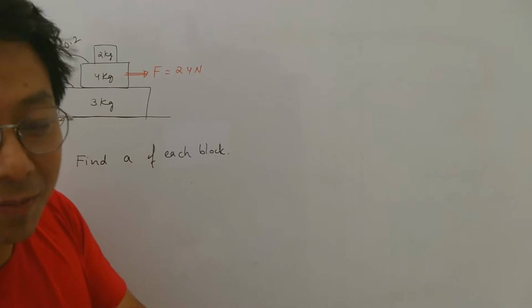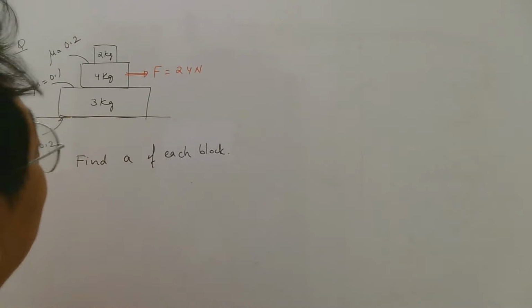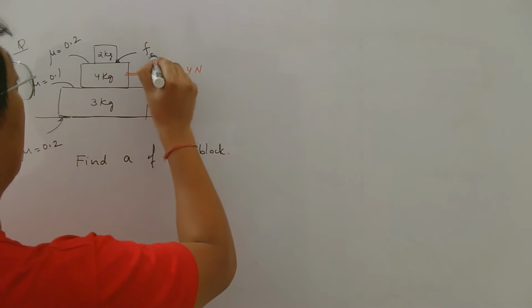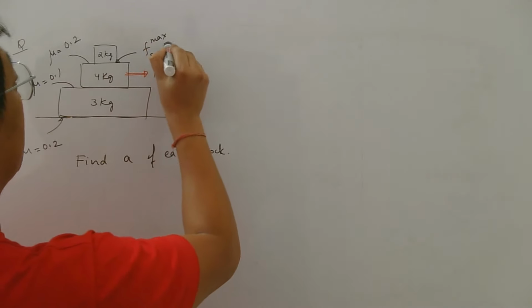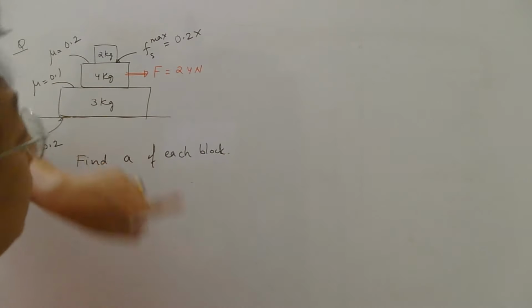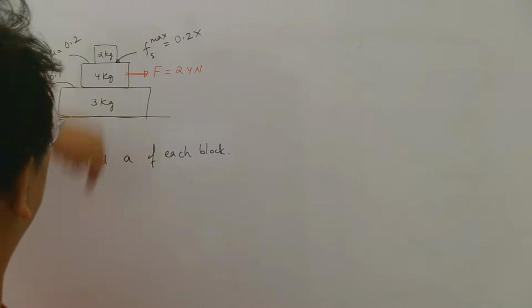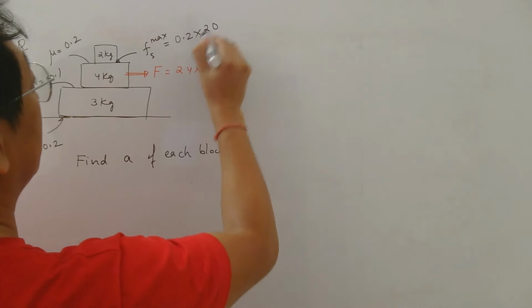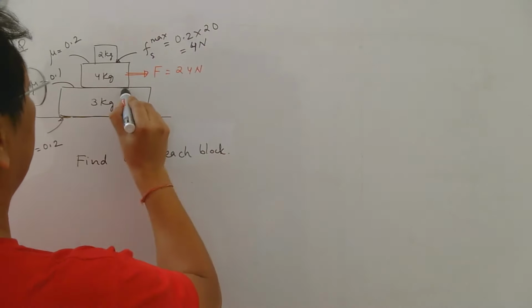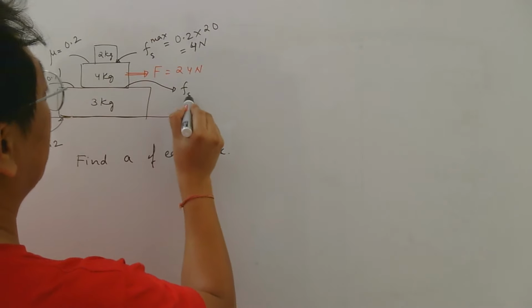Where will it start first? Wherever the maximum static friction is less. So let's calculate that. Here the maximum static friction will be 0.2 into the normal force, which has to balance the weight of 2 kg, so 20, so 4 Newton. Maximum static friction here is how much?